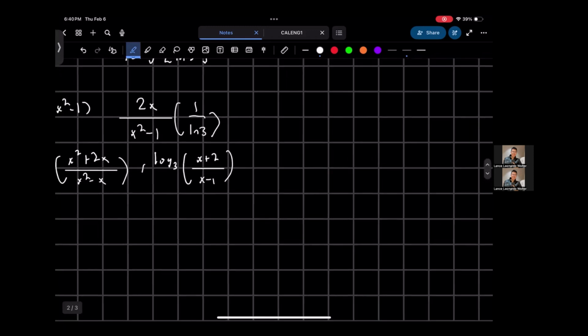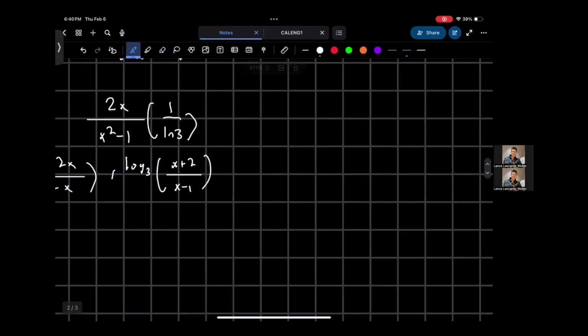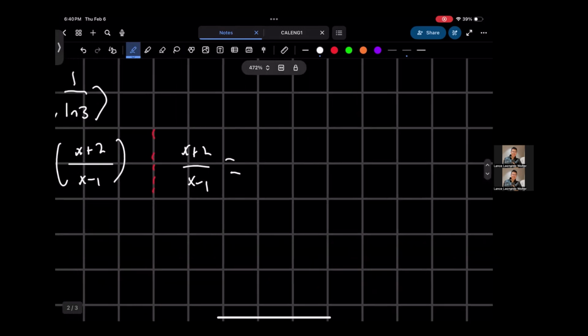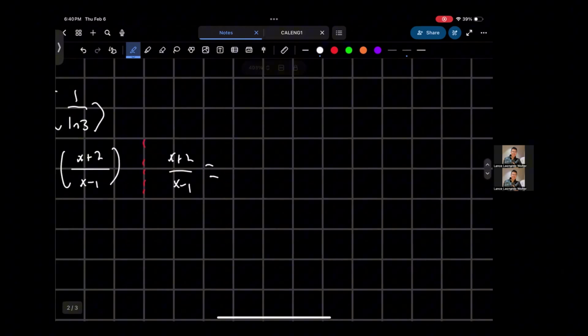Now, remember, you must first get the derivative of the inside function here. Now, how do you do that? Well, let's first get the derivative. So I'm going to just write a little barrier here. So x plus 2 all over x minus 1. The derivative of this, okay, we're going to have to apply your quotient rule, okay? So the derivative of the first one, of the numerator, is 1.